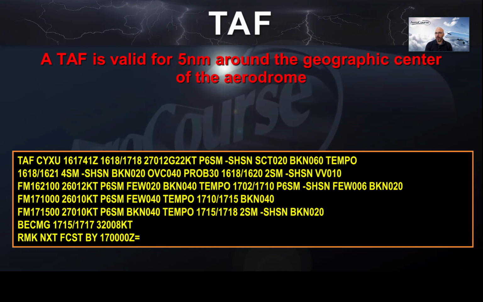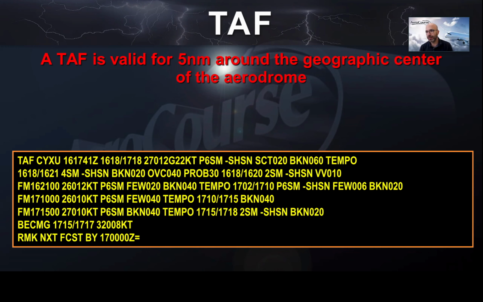TAFs are valid 5 miles around the center of an aerodrome. Where are METARs valid? 10 miles. 5 miles on the reference point, the center of the runway or aerodrome. Nope. That's where a TAF is valid.